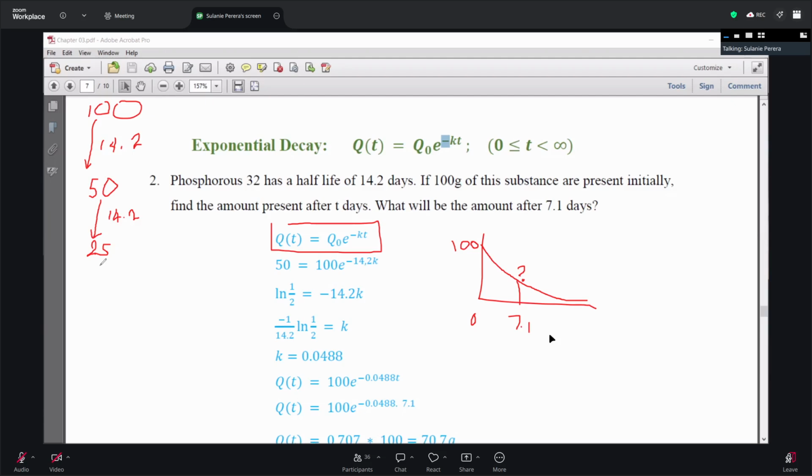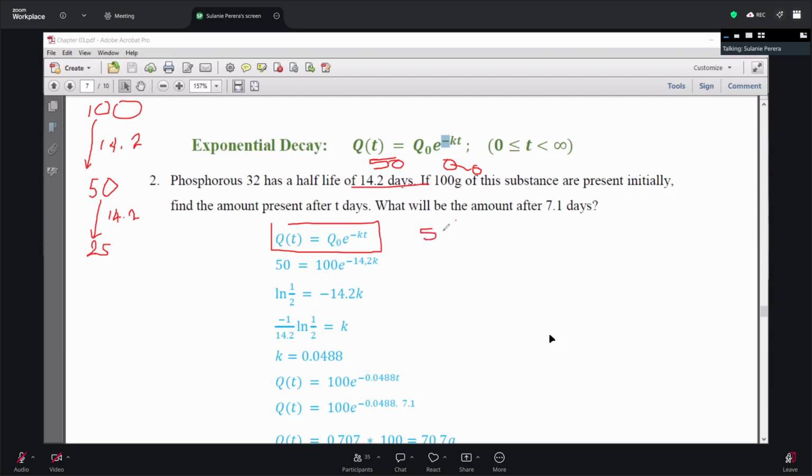Well, just like before, we have to find k. That's our goal one. In order to find k, we have to substitute whatever we know. So 100 grams is present initially, so that is Q naught, right? And after 14.2 days, we will have 50.